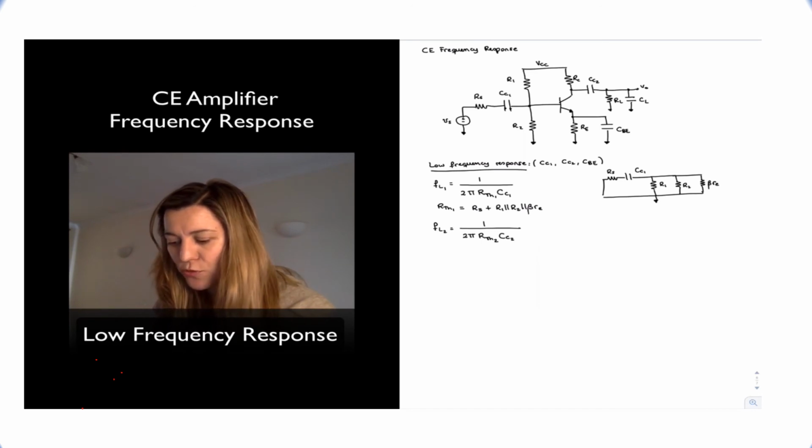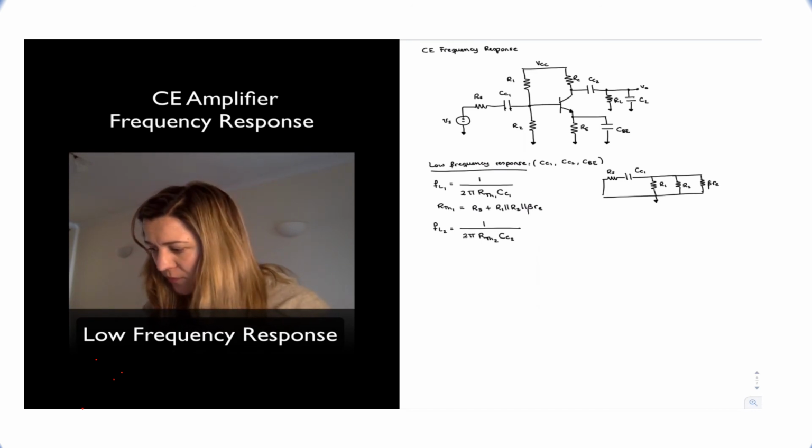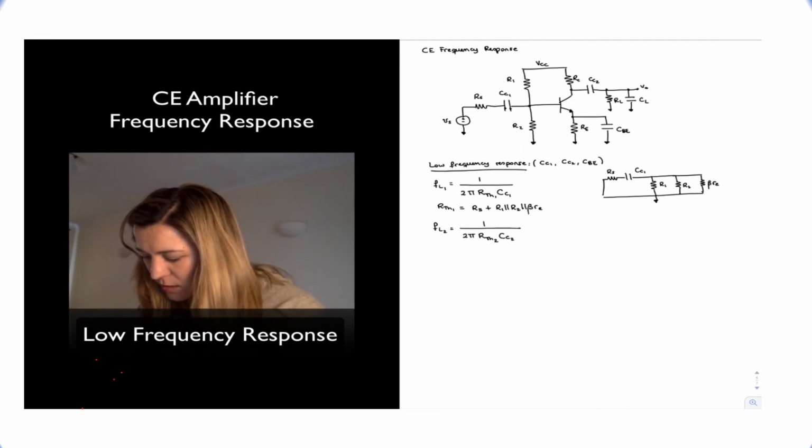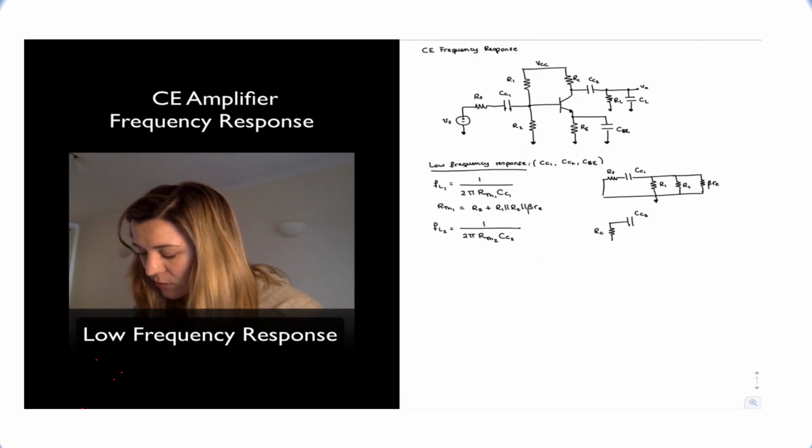Again, I'm going to draw the circuit so it becomes a little bit more obvious. Let's see, we have CC2, and then on one side I have RC to an AC ground, a signal ground, and on the other side I have RL to ground.